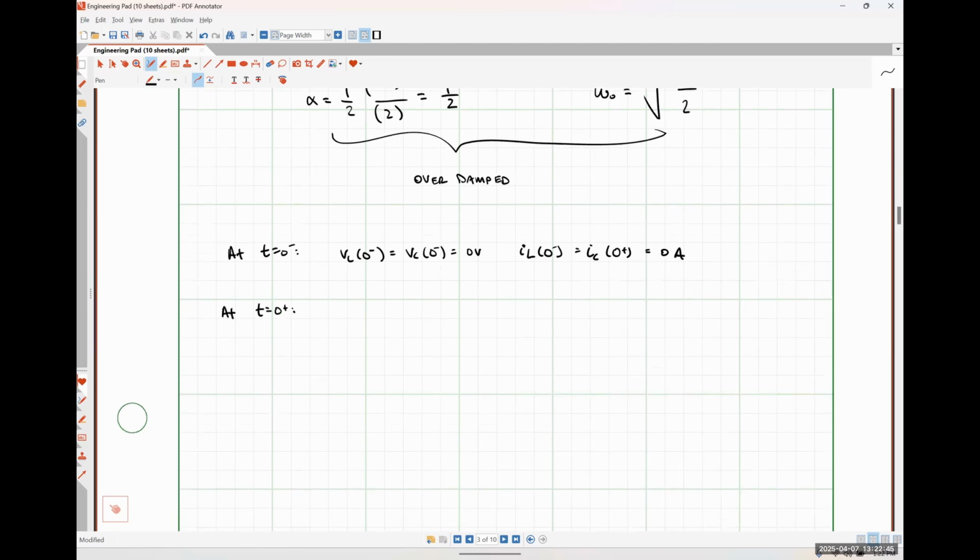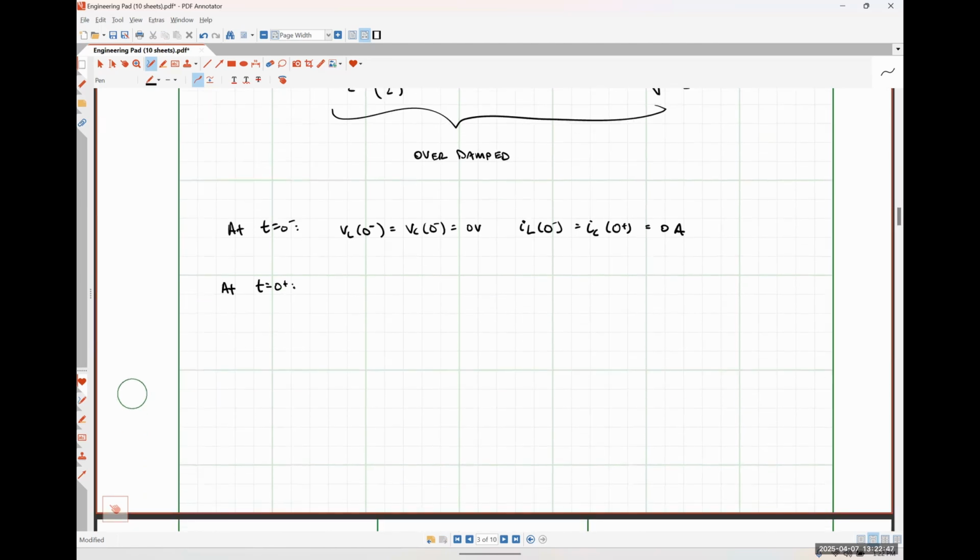At t is equal to 0 plus, now my voltage source is connected. So here's my 1 volt voltage source. Here's a 1 ohm resistor. My inductor is going to look like an open circuit. Here's a second 1 ohm resistor.